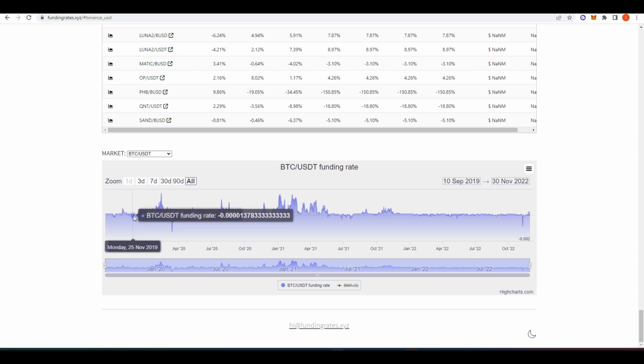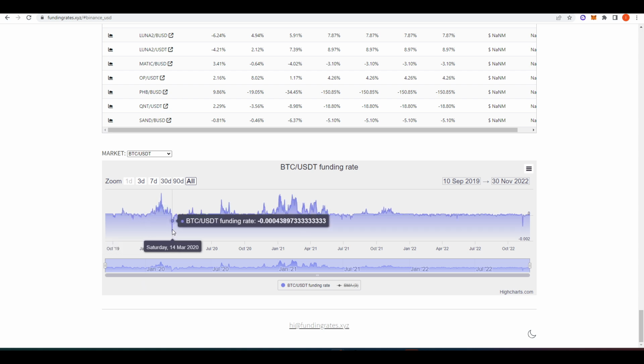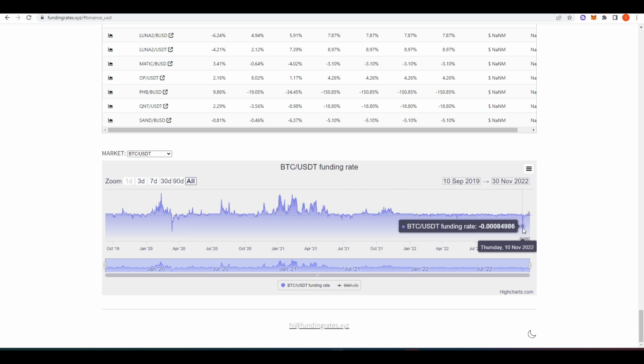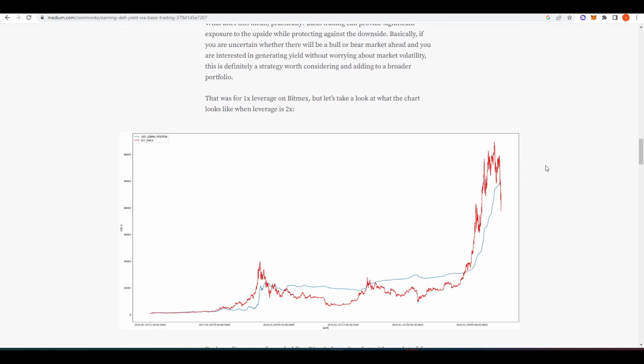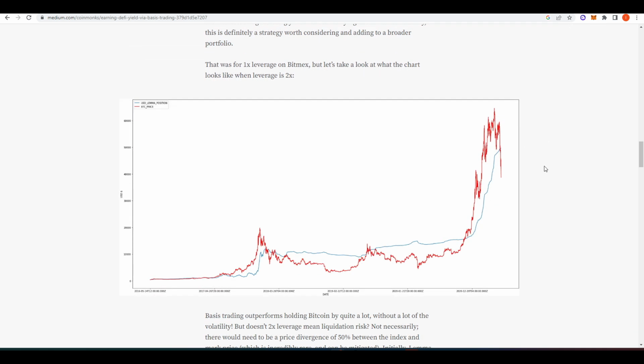So in late 2019, early 2020, January 2021, and then quite recently here in November of 2022 as well. But we can see people are generally bullish, and that leads me to believe that the 2x leverage basis trading strategy would have continued to outperform Bitcoin since the end of this backtest in May of 2021. And I don't think it would have had much of a drawdown as well.